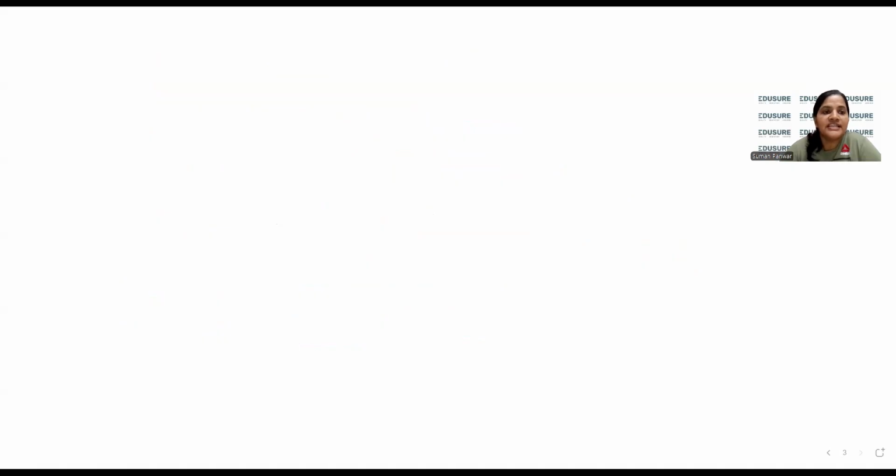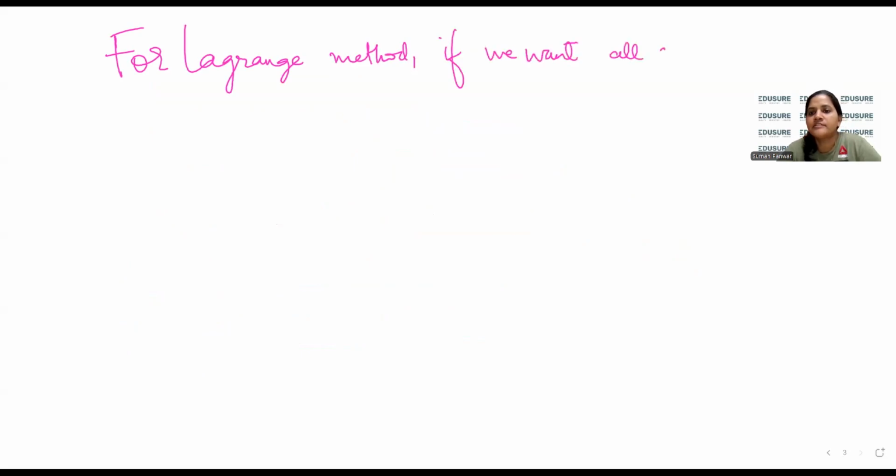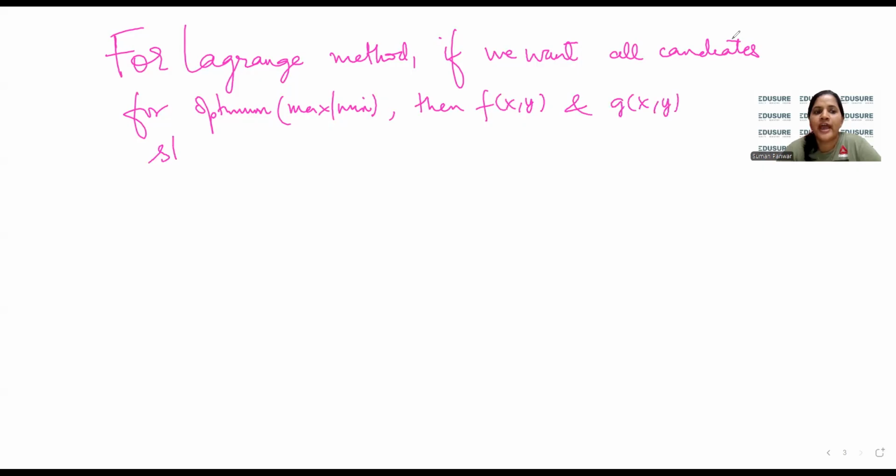The reason is that for the Lagrange method, if we want all candidates for optimum values, that means maximum or minimum, then f(x,y) and g(x,y) should have continuous partial order derivatives.